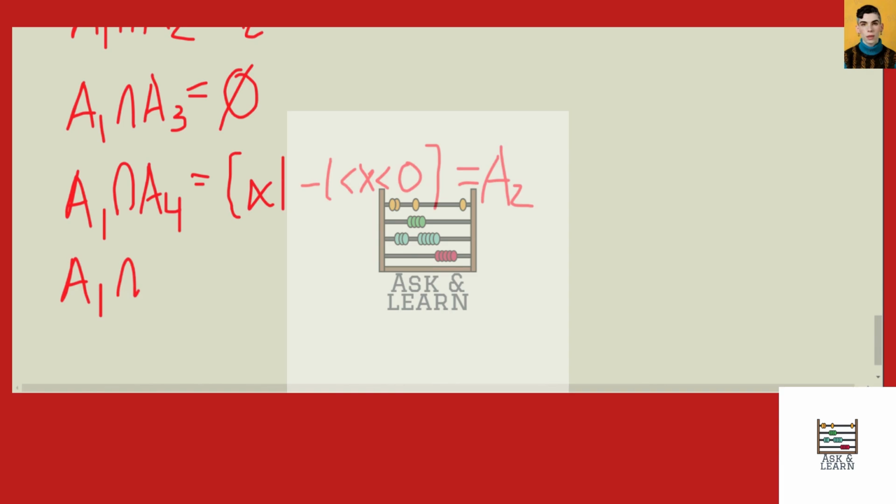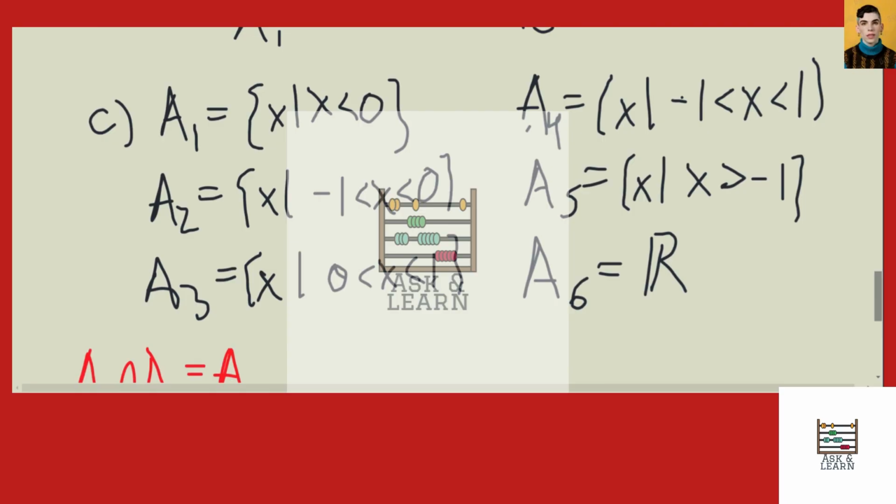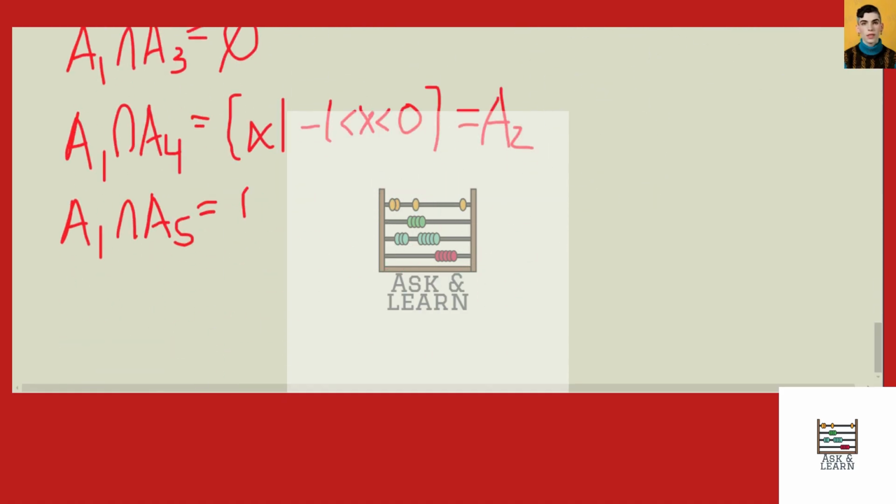And A1 intersect A5. If x belongs to this intersection, then x is less than 0, and x must be greater than negative 1. So again, we have that this is the set of x such that negative 1 is less than x is less than 0. And this is again equal to A2.